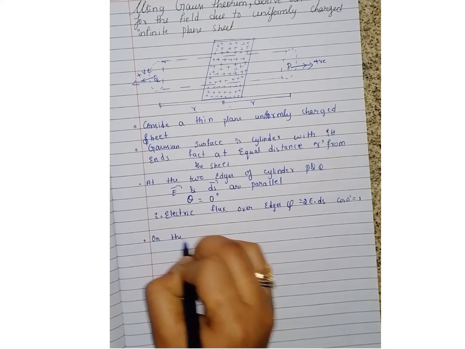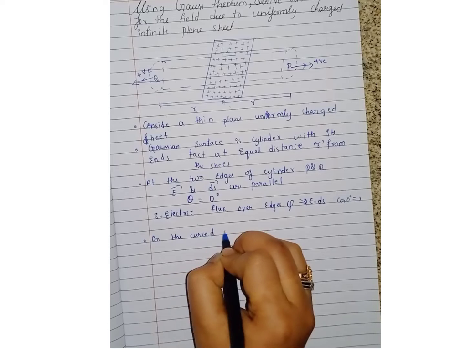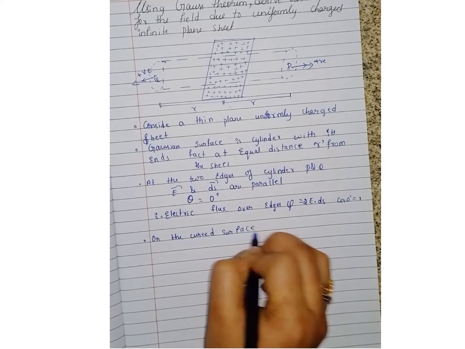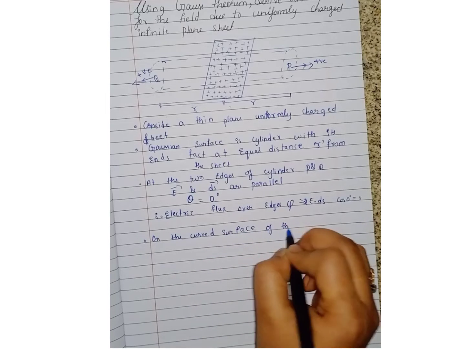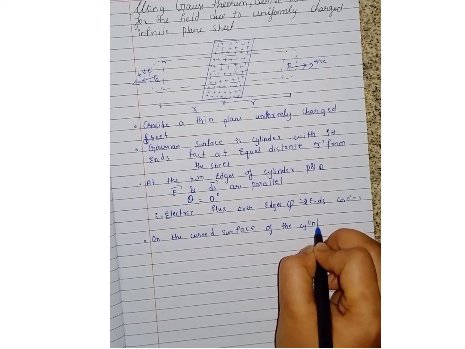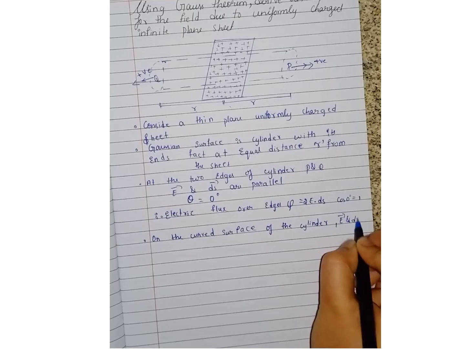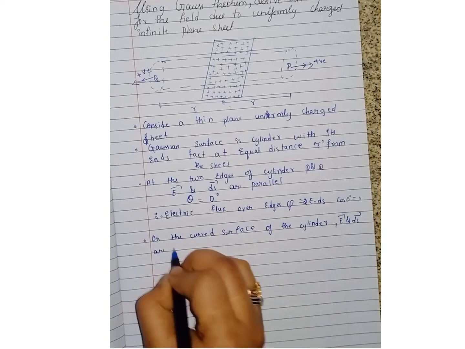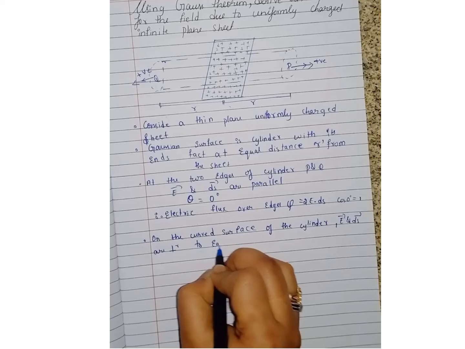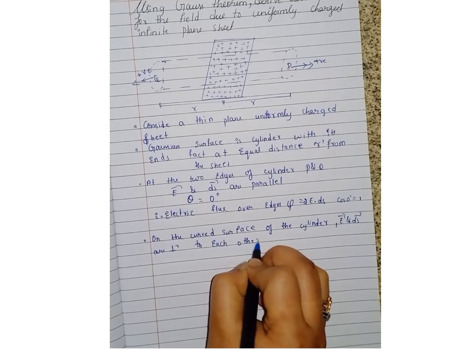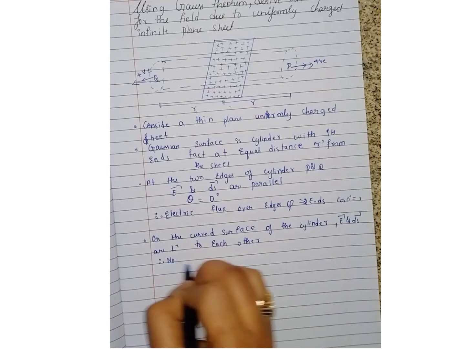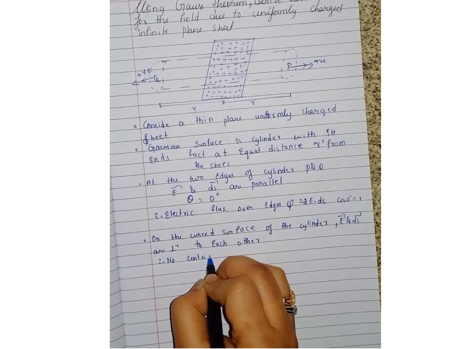And next, the curved surface. In the previous one we saw first the curved surface and next the edges, but here we are seeing first the edges and next the curved surface. Here the electric field and the area vector are perpendicular to each other. So there is no contribution to the total electric flux.